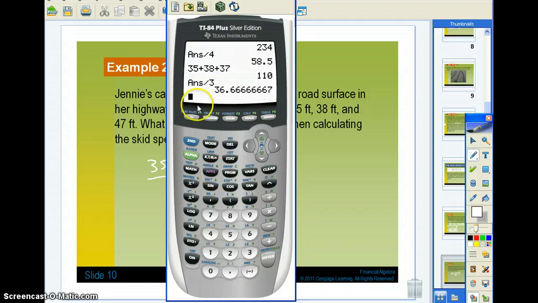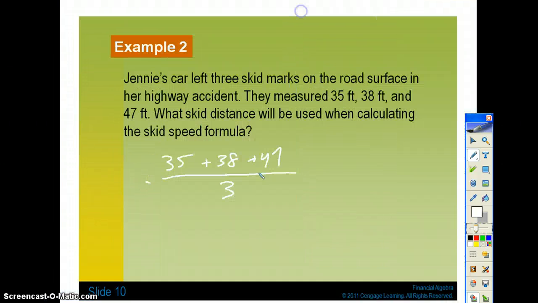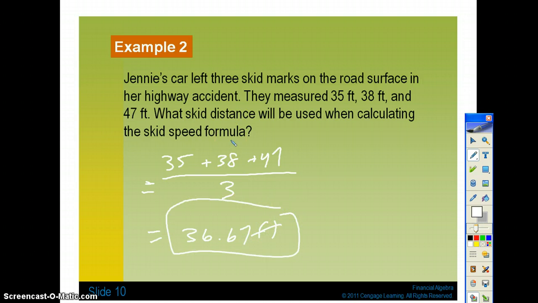When you punch that in the calculator, I did that already, you end up with 36.67 if we round that out to the nearest hundredth. So in this case, the skid distance would be 36.67 feet. All right, so simple calculations there. If there's 1 measurement, you use it. If there's 2, take the average of the 2. If there's 3 or 4, just like with the 2, you would take the average of them.